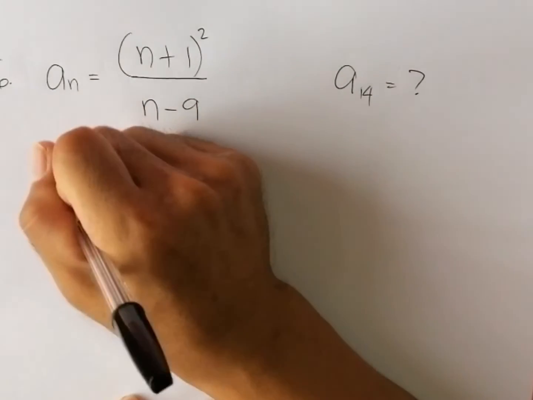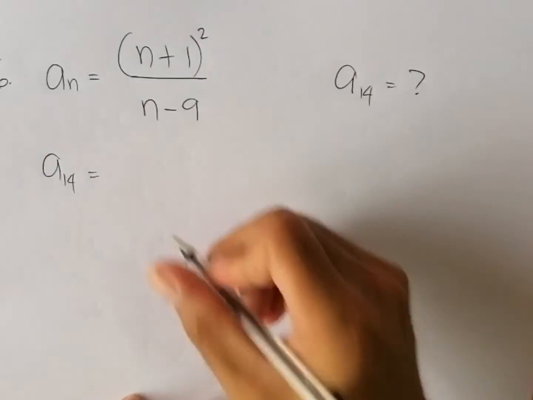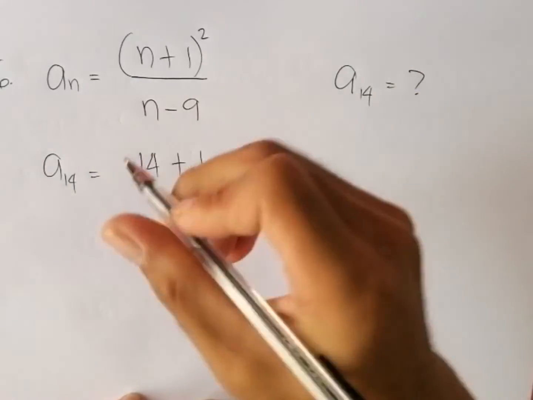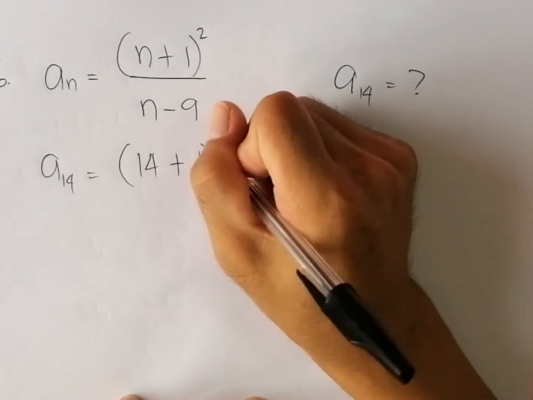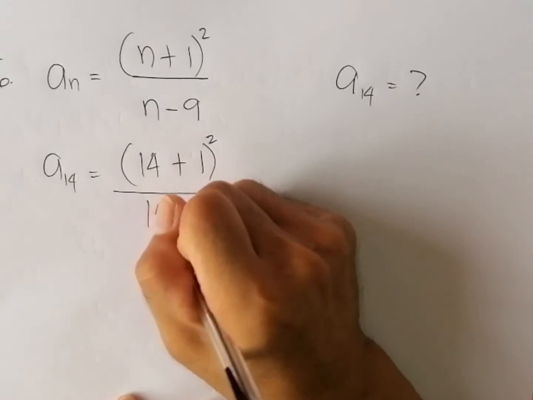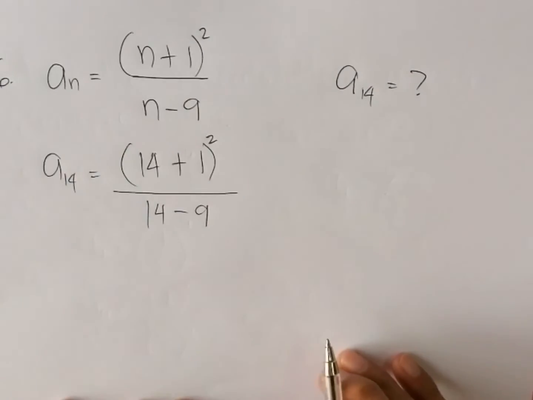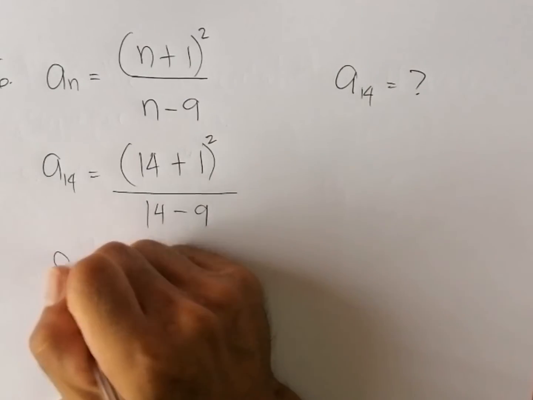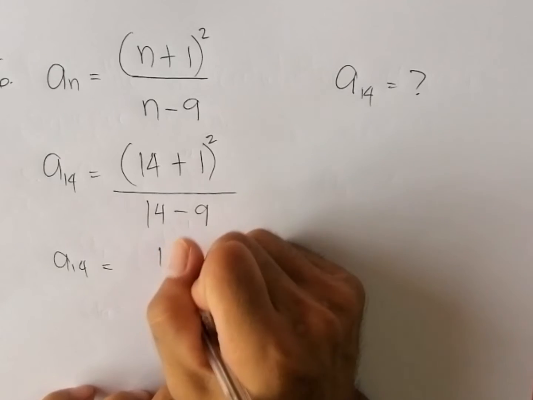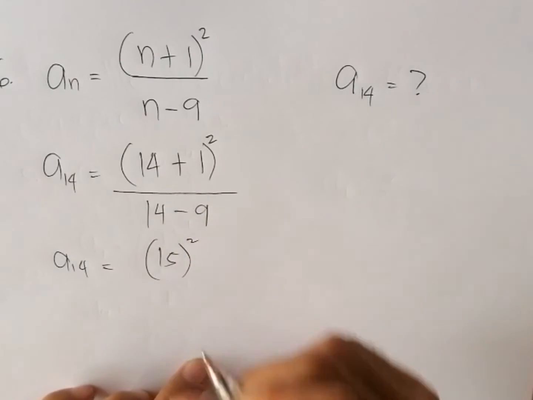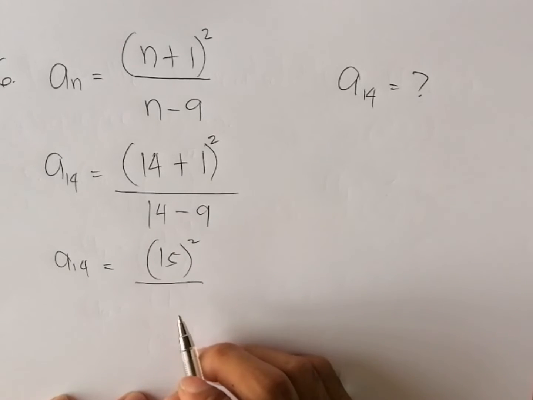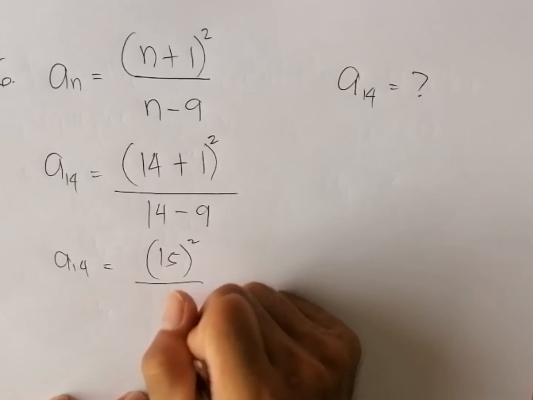So we have a sub 14 is equal to 14 plus 1, in parentheses, squared, all over 14 minus 9. And a sub 14 is equal to 14 plus 1, that is equal to 15, squared, all over 14 minus 9, that is equal to 5.